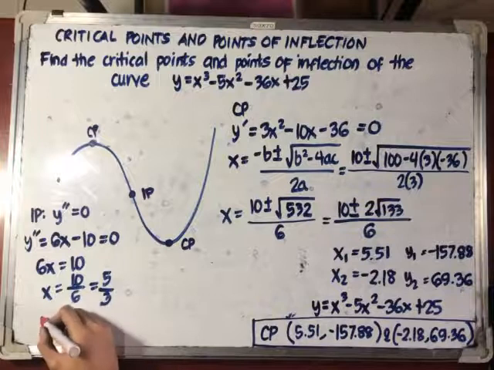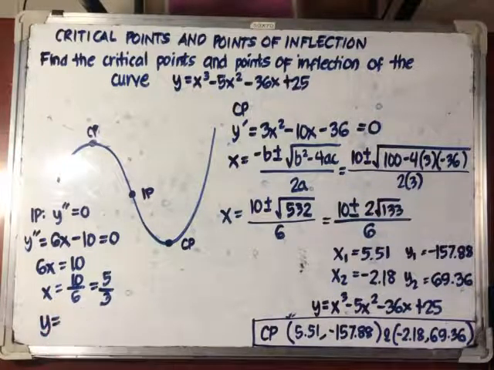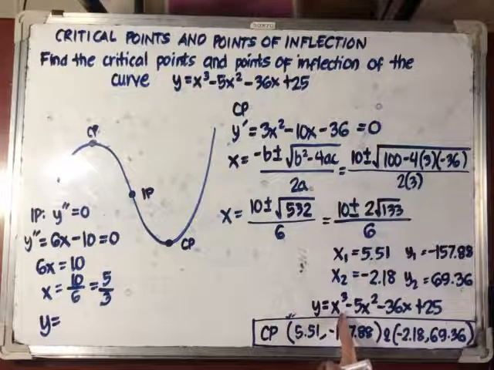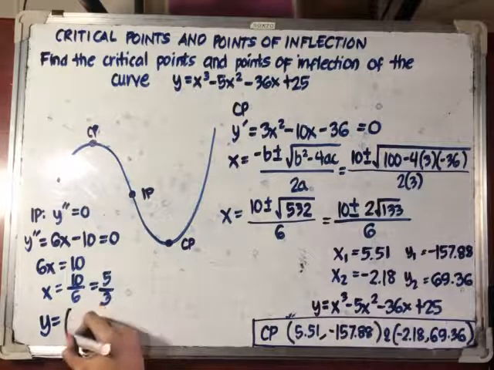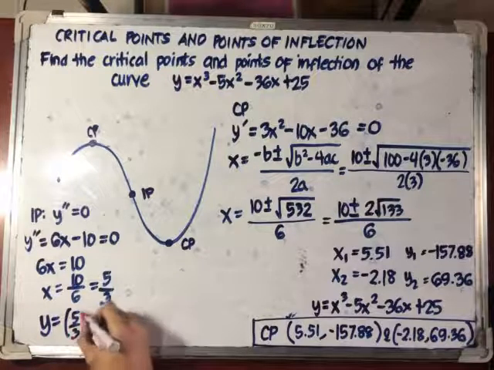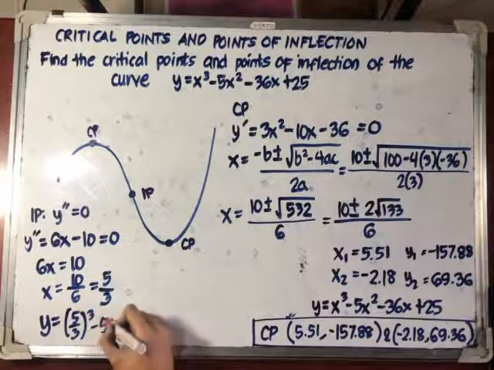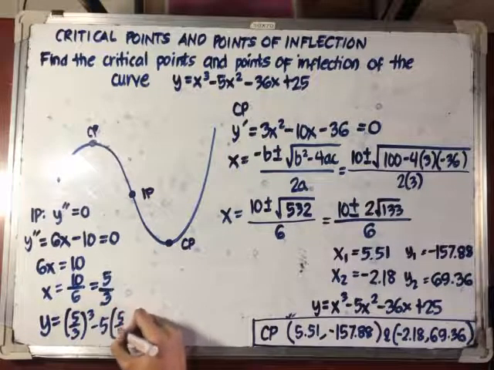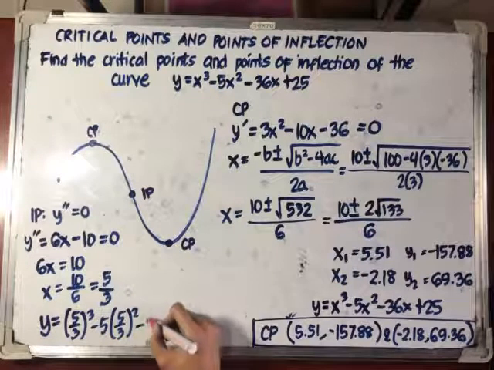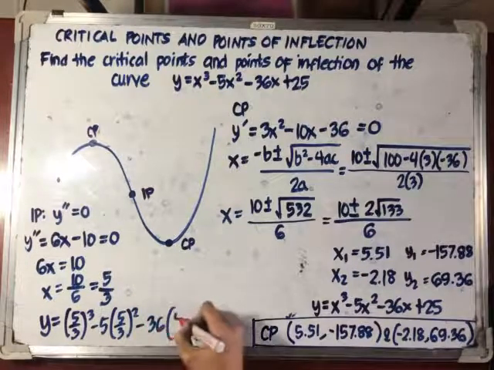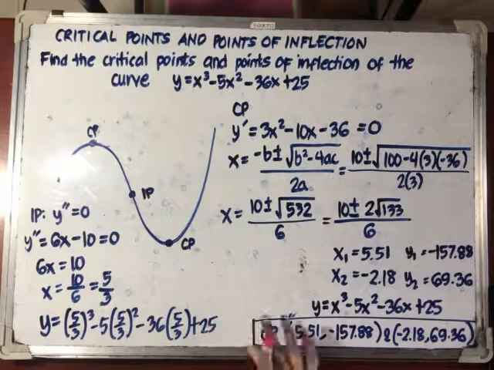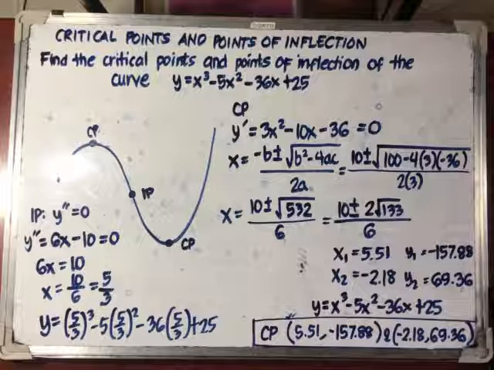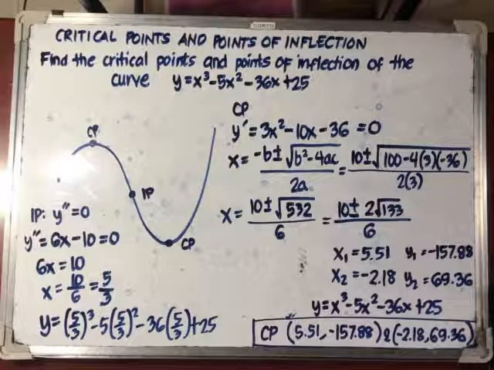So, what is the value of y if x is 5 over 3? Substitute mo lang siya sa original equation mo: 5 thirds cubed minus 5 times 5 thirds squared minus 36 times 5 thirds plus 25. Yun actually yung ginagawa ko sa calculator, hindi lang siya clear doon.